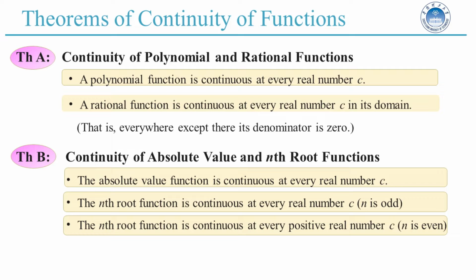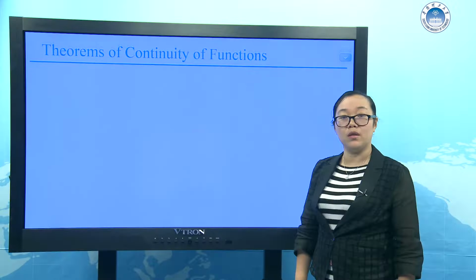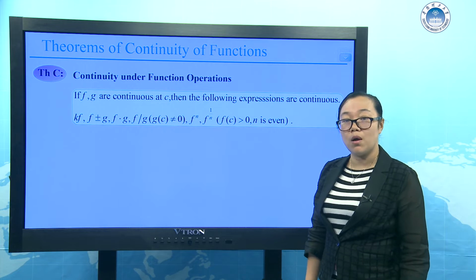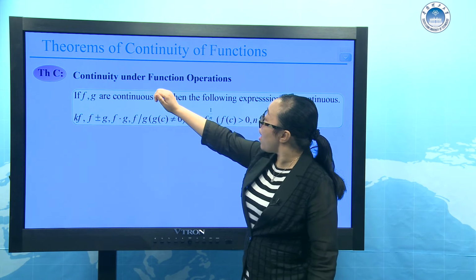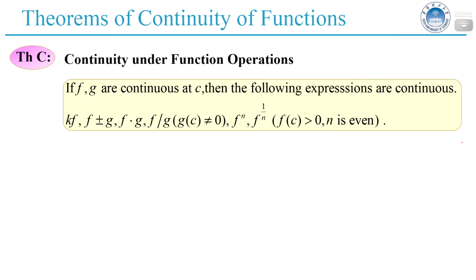We also have the case that the nth root function is continuous at every positive real number. Why positive? Because if n is an even number, we require every positive real number c. At this time, the expression has mathematical meaning. Now look at theorem C, continuity under function operations.